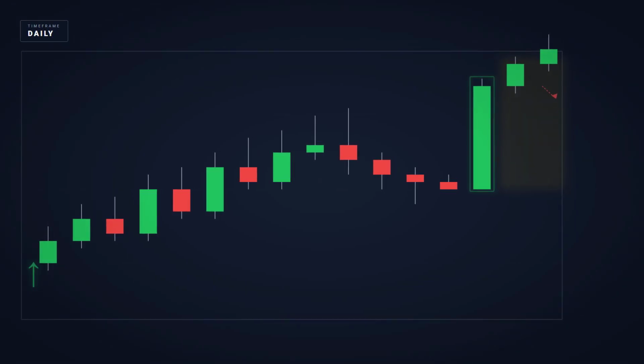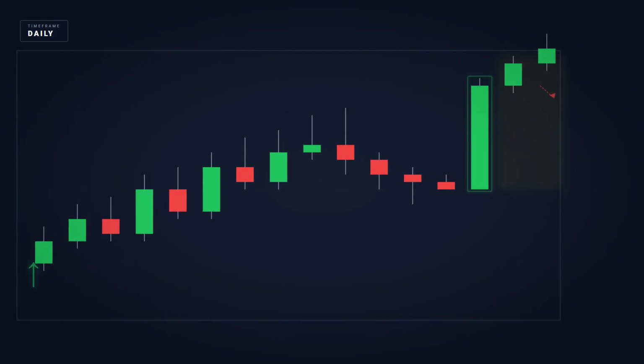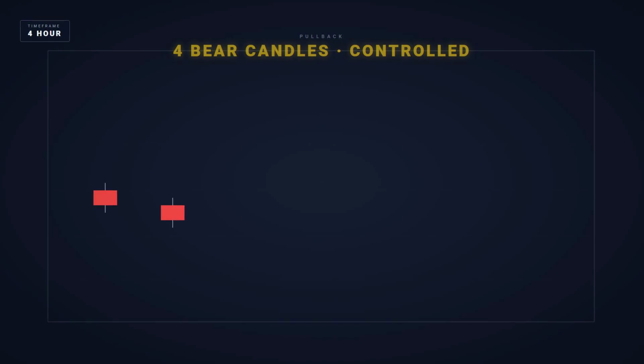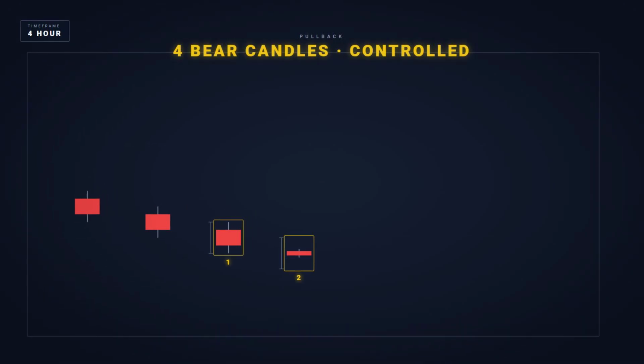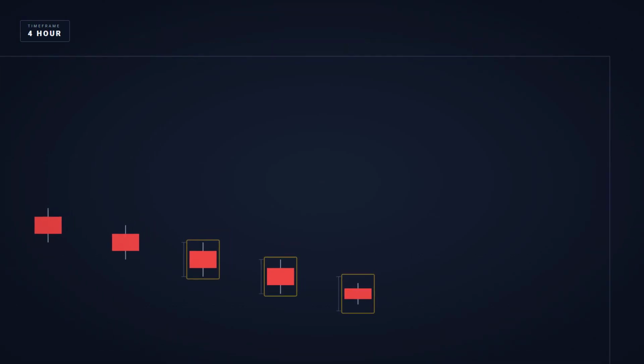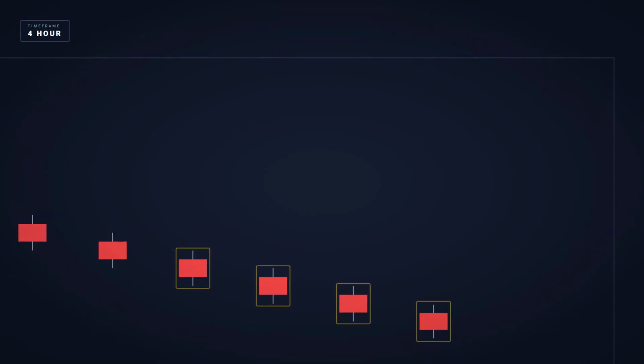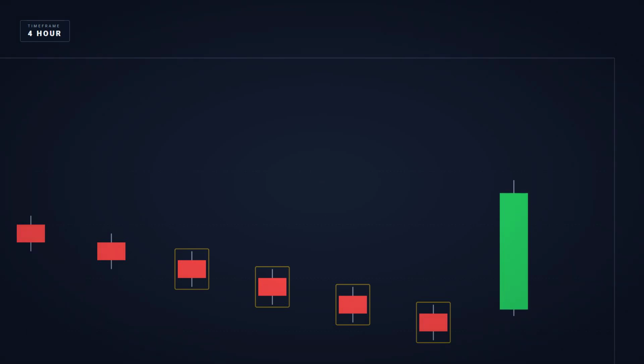2 sessions ago, there was a sequence of candles on this 4-hour chart that stood out. 4 bearish candles, each one closing slightly lower than the previous, with contained bodies and relatively ordinary ranges. And then, without warning, a single 4-hour candle that opened near the close of the previous bearish candle and drove higher, with a range nearly 3 times the size of the preceding candles.